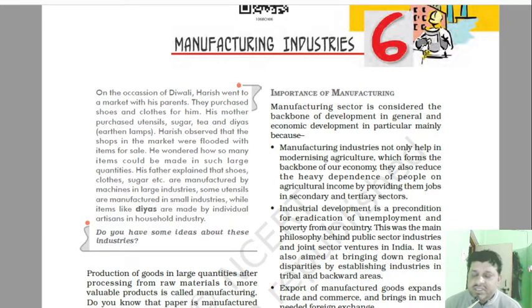Here the example is given that a diya may be manufactured as a household industry, but utensils may be manufactured in a large scale steel industry, and there are various commodities available in our surroundings. We are living in a modern era. This is a machine based life.